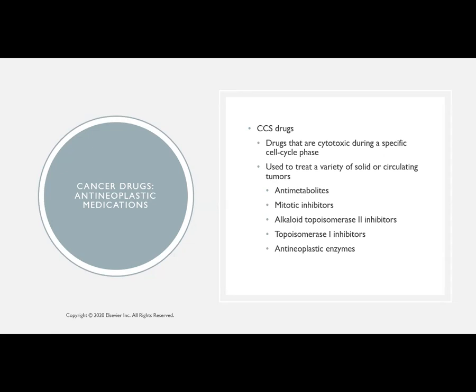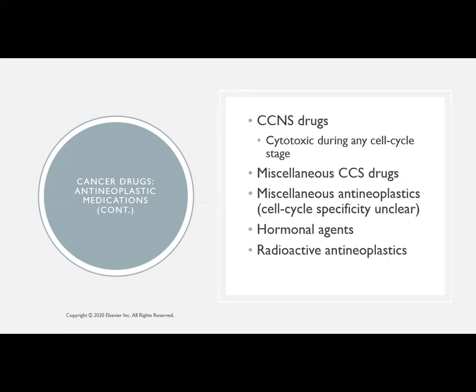Those are the ones that fall into these categories. Then the other ones we have are our cell cycle non-specific drugs, cytotoxic during any cell stage. These are our miscellaneous antineoplastics, where the cell cycle specificity is unclear, hormonal agents, and radioactive antineoplastics.